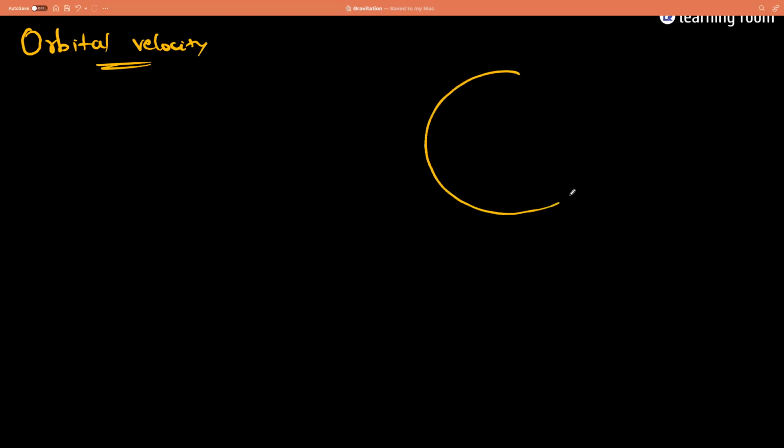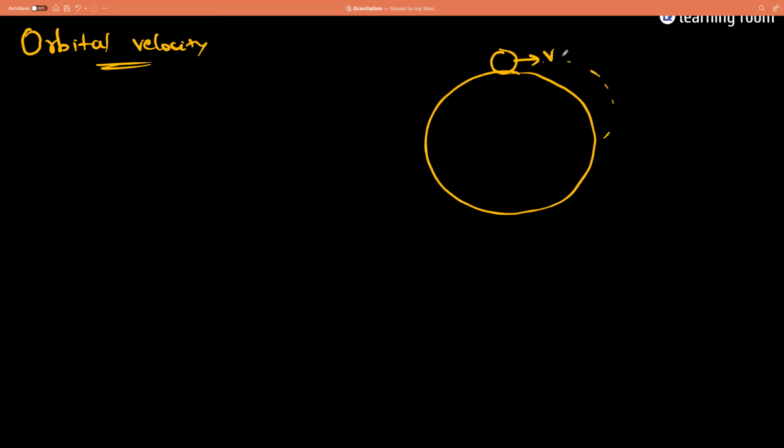Now, there is another concept called orbital velocity. As the name suggests, orbital means if you need to put the object in a particular orbit. I discussed one concept, no? If you give velocity to the object, it will go and hit the surface here.